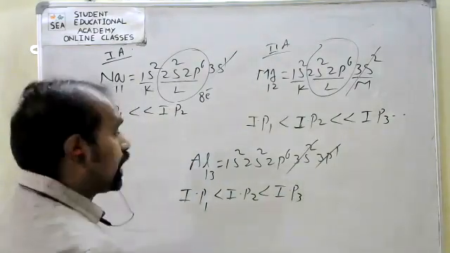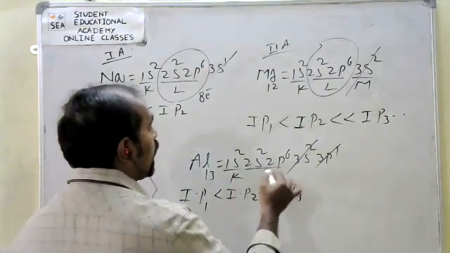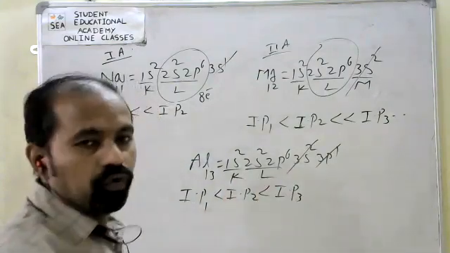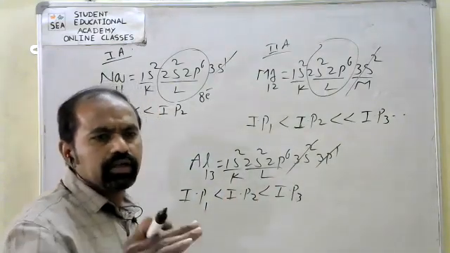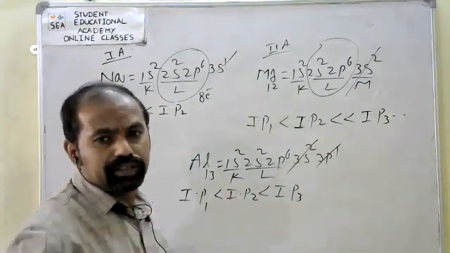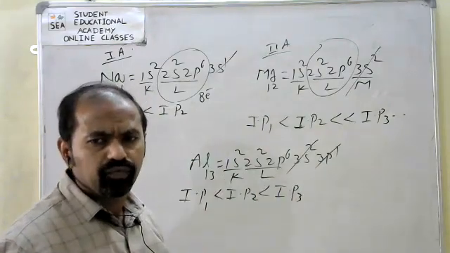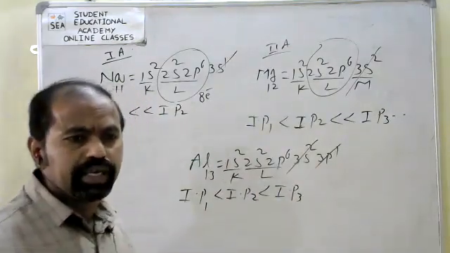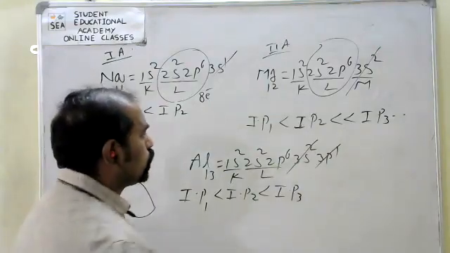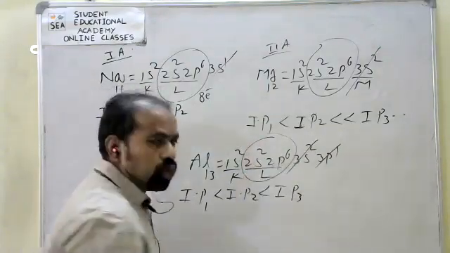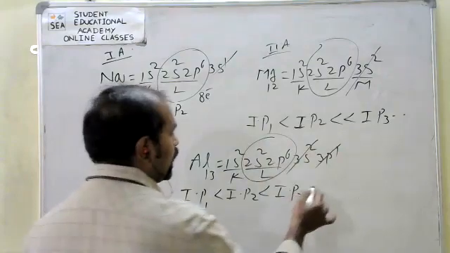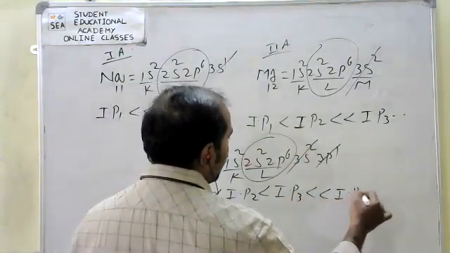After removing 3 electrons, see this IP4, it is a K L configuration. Here we observe the sudden jump, very high. Removing the fourth electron is difficult due to such a stable electronic configuration. So a very high IP4 value is observed.